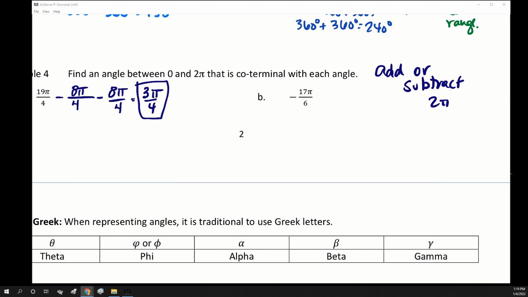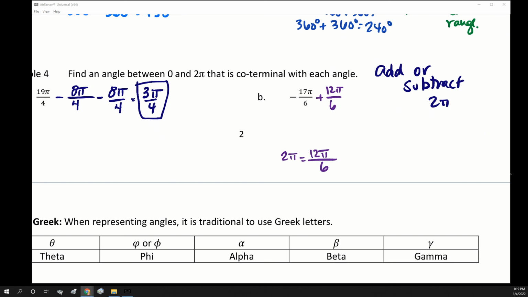Right, and then for C, we are going to add 2 pi. But we have to add it as a fraction that has a denominator of 6. So think about what you think that would be. So 2 pi is the same as 12 sixths, or 12 pi over 6.